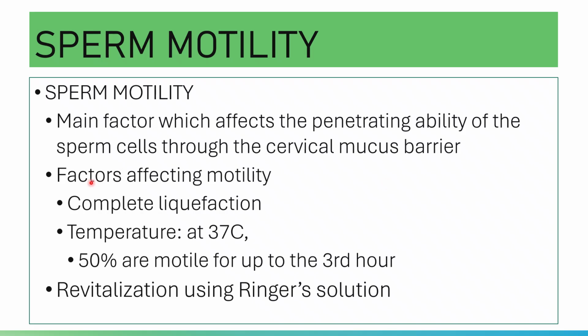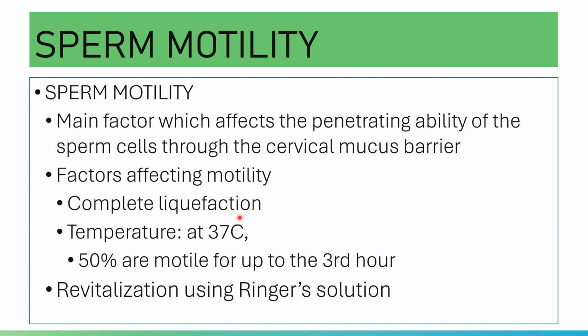And please note that in vitro, in laboratory testing, you have factors that affect motility. First is complete liquefaction. Earlier, we said that incompletely liquefied samples impede the motility of your sperm.